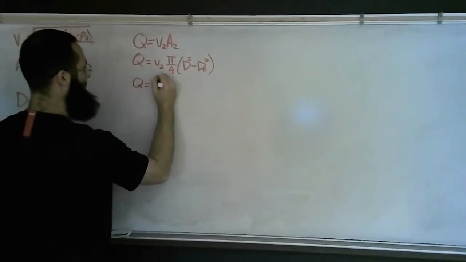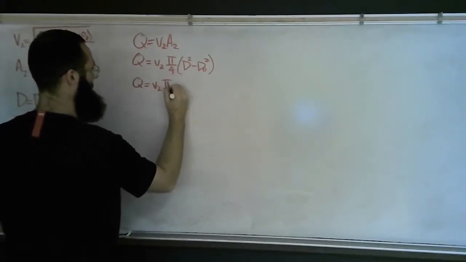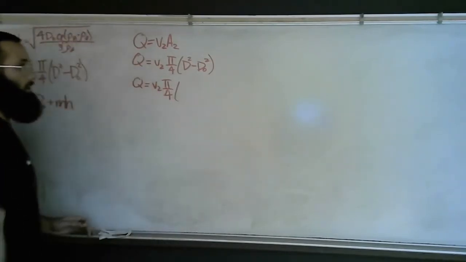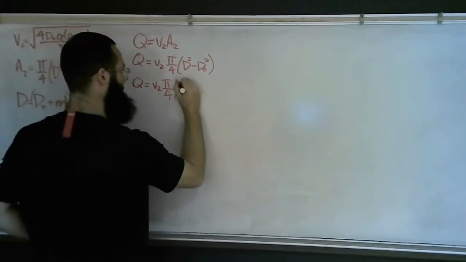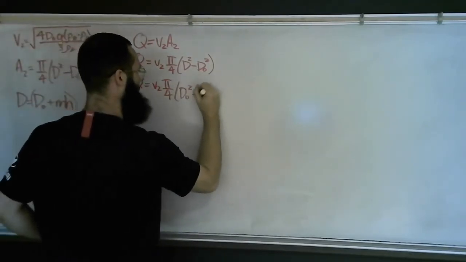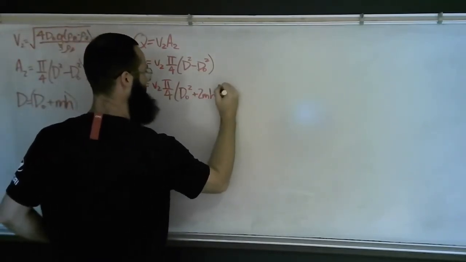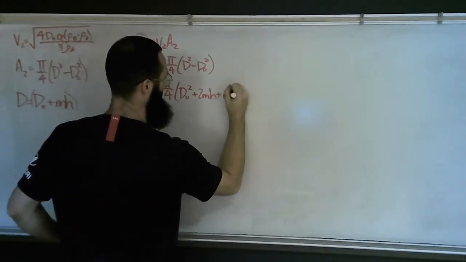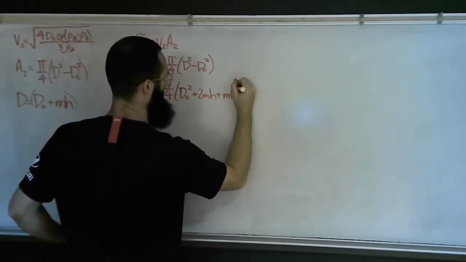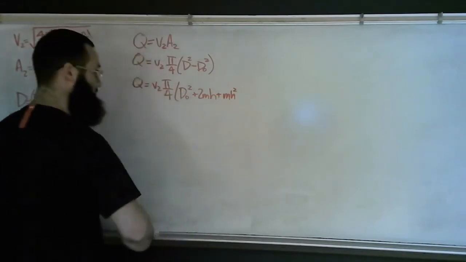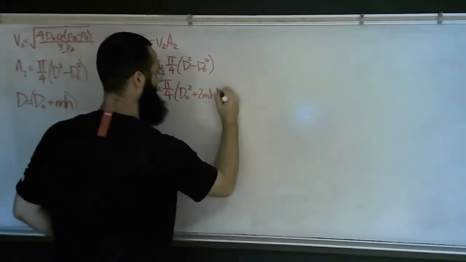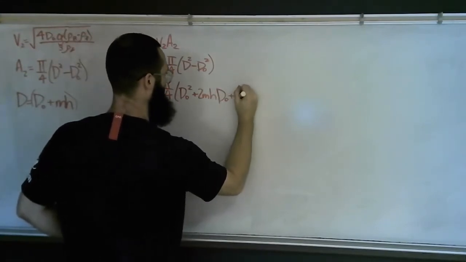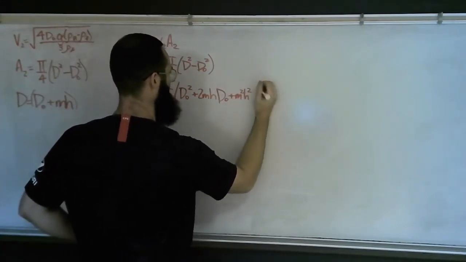That gives me Q equals V2 pi over 4 times, I'm going to go ahead and FOIL it out because we're going to square this function. So it's going to be d naught squared plus 2 n h d naught, plus n squared h squared.